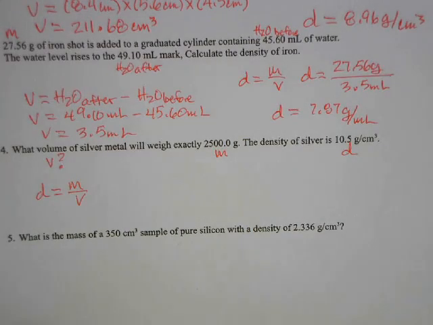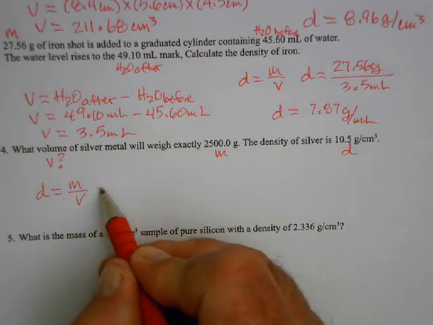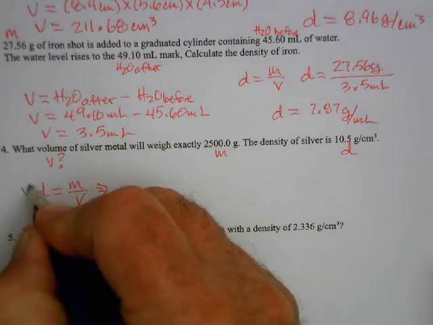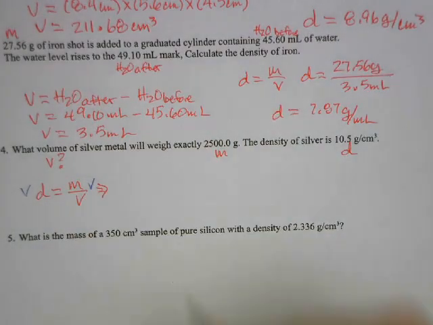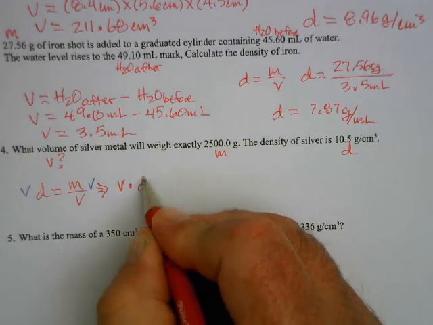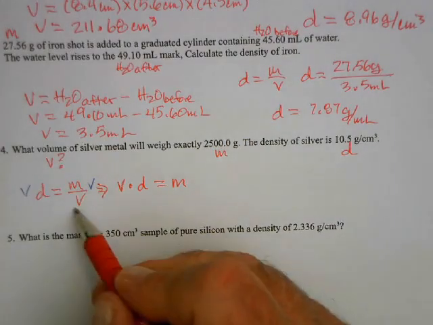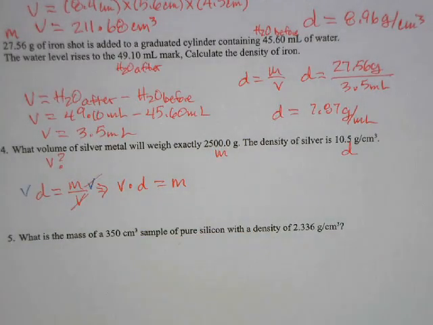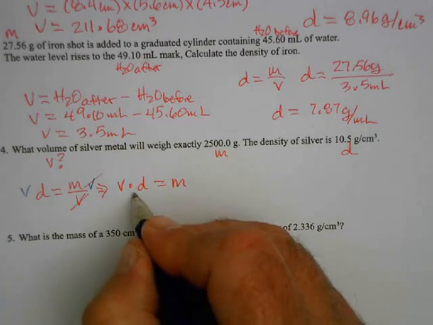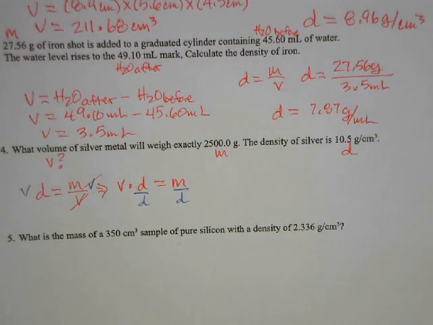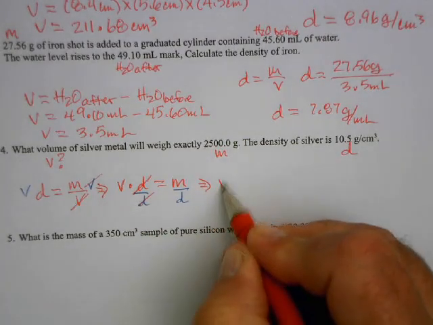If I started with my one equation and then basically multiplied both sides by V, I would have the volume times the density equals the mass, because here they would cancel. And then, since what I really want is the volume, if I then divided both sides, they would cancel here, and now I have my volume equation.